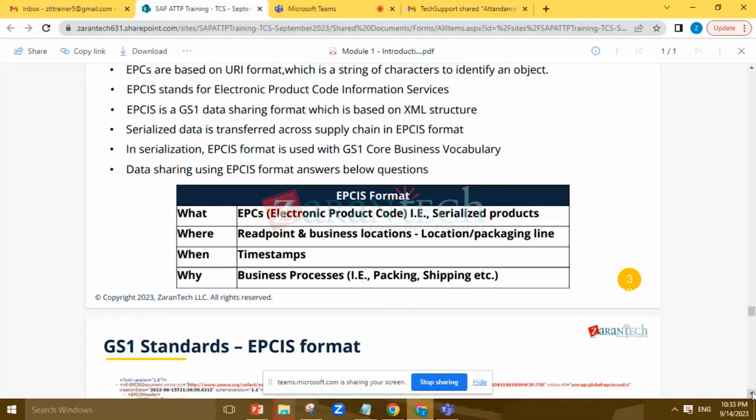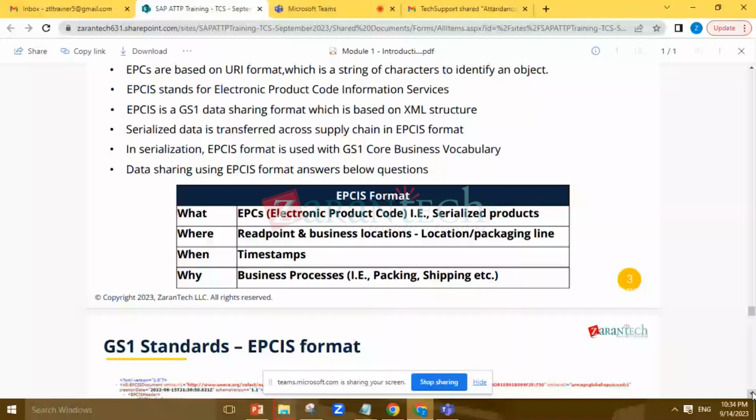So packing or shipping. Just understand that one plant is shipping a pallet or SSCC to a warehouse. When the warehouse guy receives this pallet, he will be doing a receiving process, so a receiving event will be produced.